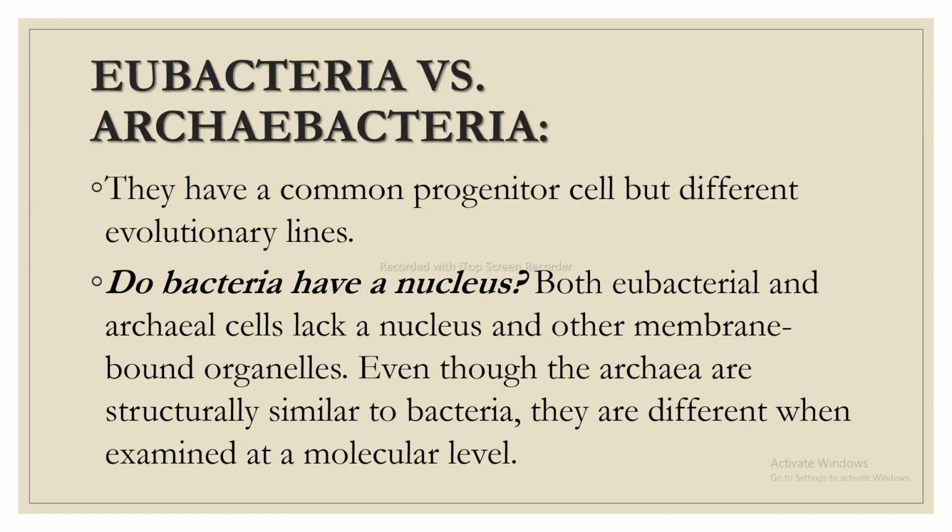So the next question is, do bacteria have a nucleus? Both eubacterial and archaeal cells lack a nucleus and other membrane-bound organelles. Even though the archaea are structurally similar to bacteria, they are different when examined at a molecular level.